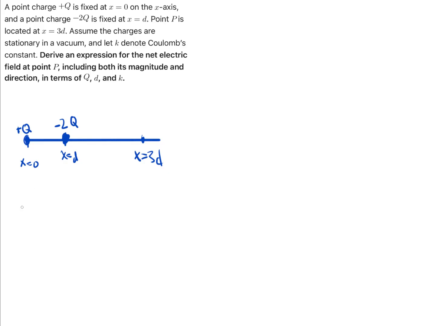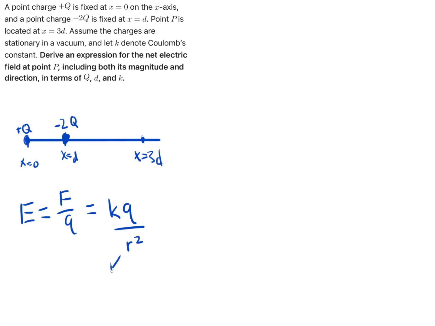So the magnitude of the electric field is the force per unit charge. So it is just equal to k, which is Coulomb's constant, times the charge q divided by r squared.